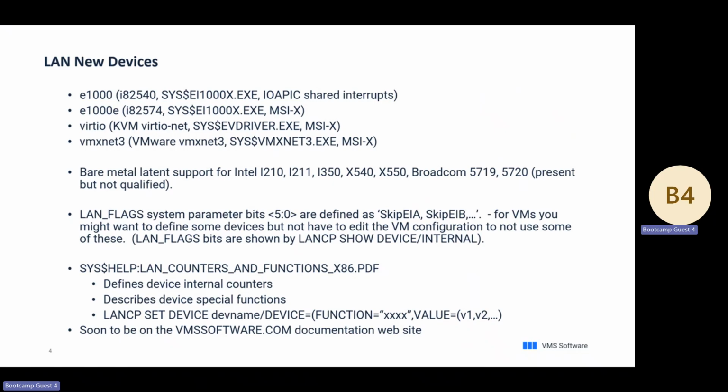So the E1000E has the better performance of the two. And then we have the VirtIO driver and VMX-Net 3. VirtIO is part of KVM, and VMX-Net 3 is part of VMware. Those have better performance than the E1000 drivers.